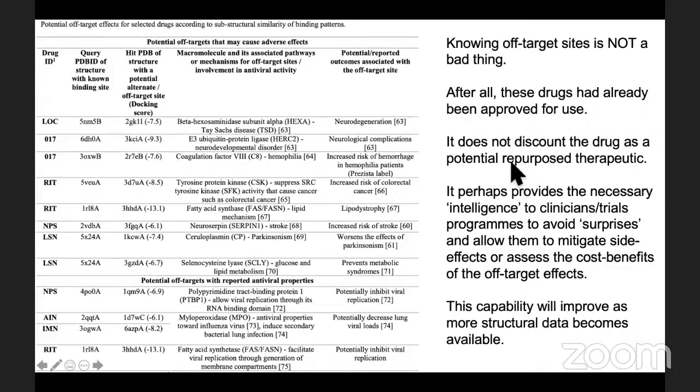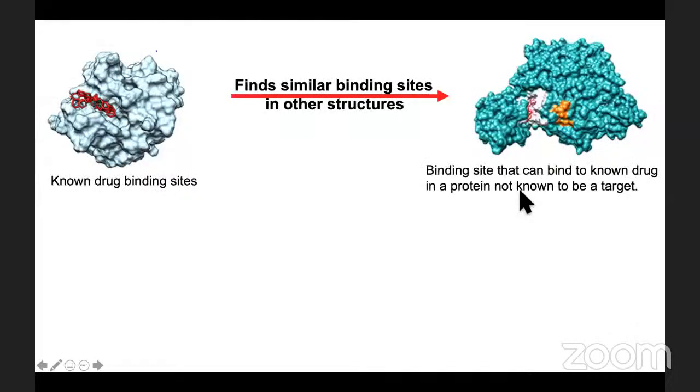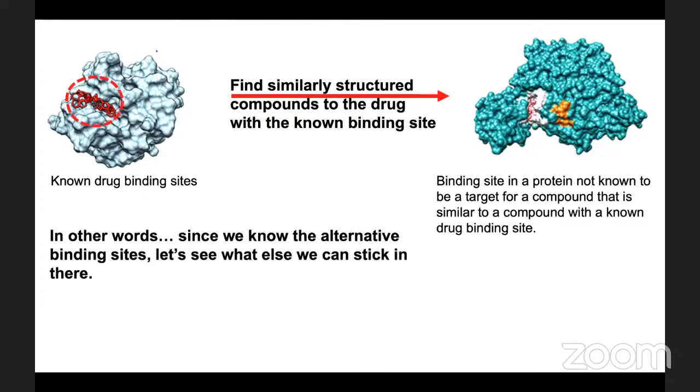Okay. Now moving on, since we could find an alternative target to a compound, could we also find alternative compounds once we have found an alternative binding site? In other words, if we know the alternative sites, can we then stick something else in there instead of the compound that we started with?